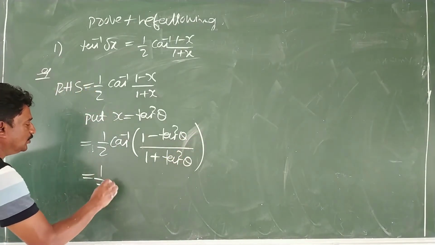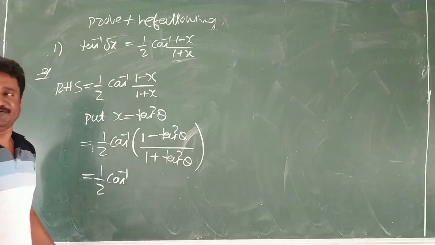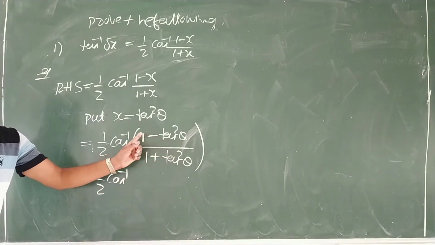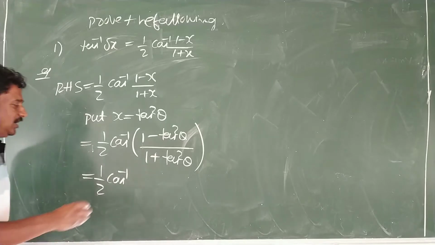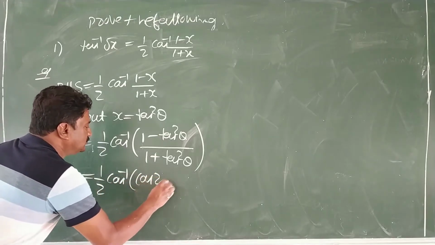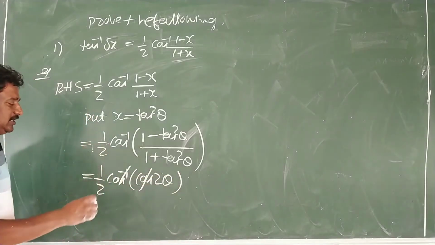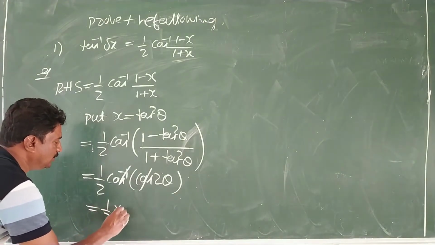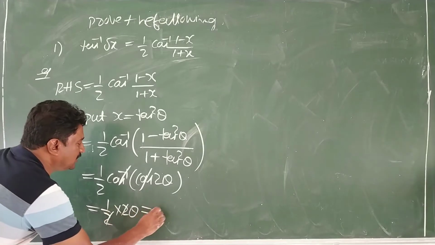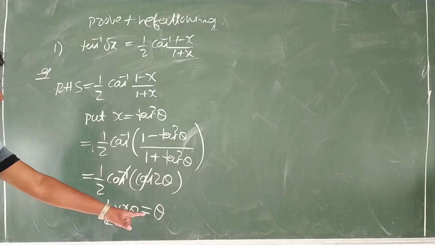That is cos 2 theta, and cos inverse gets cancelled. 1 by 2 into 2 theta, the 2 cancels. Theta.